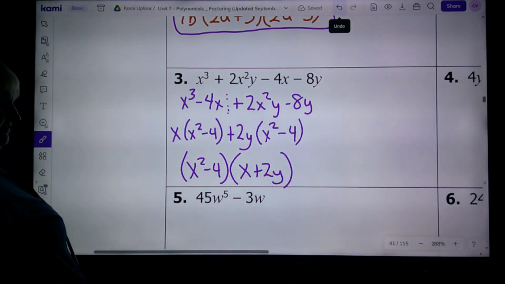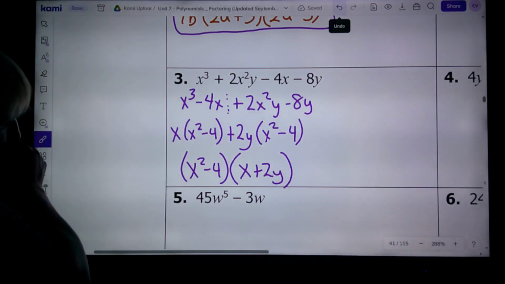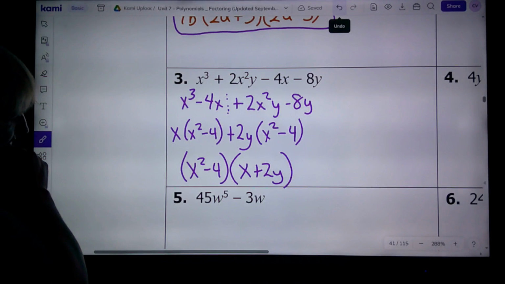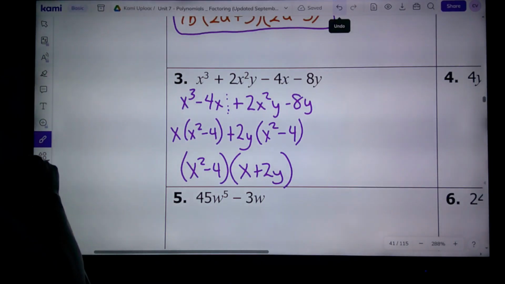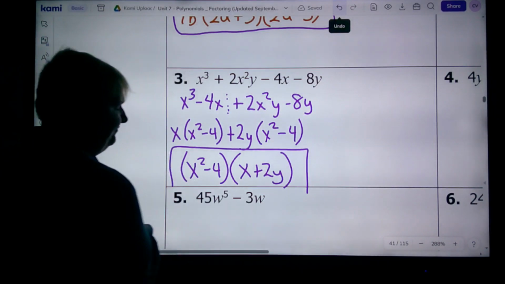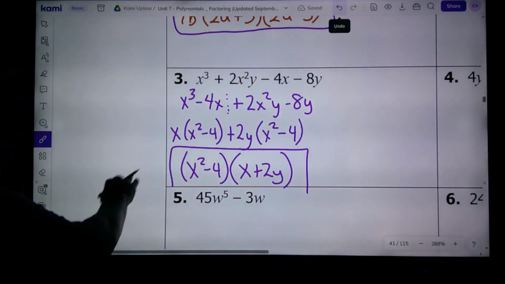Look at that. Can it be factored any further? There are no common terms, common variables. There are no common numbers. No. That's as factored as we can get right there. When you know you're at the point where it can't be factored anymore, box it up for me.